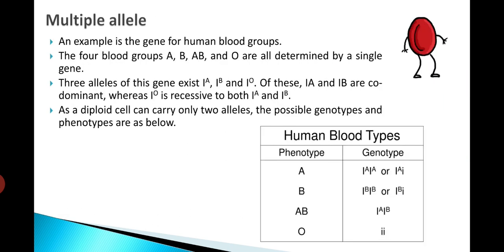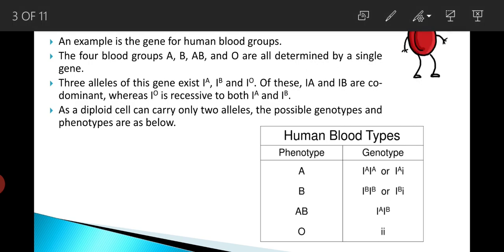As I mentioned in the previous slide, an example of multiple alleles is the human blood groups. We know that we have four groups which are A, B, AB and O, and all these groups are determined by only one single gene.